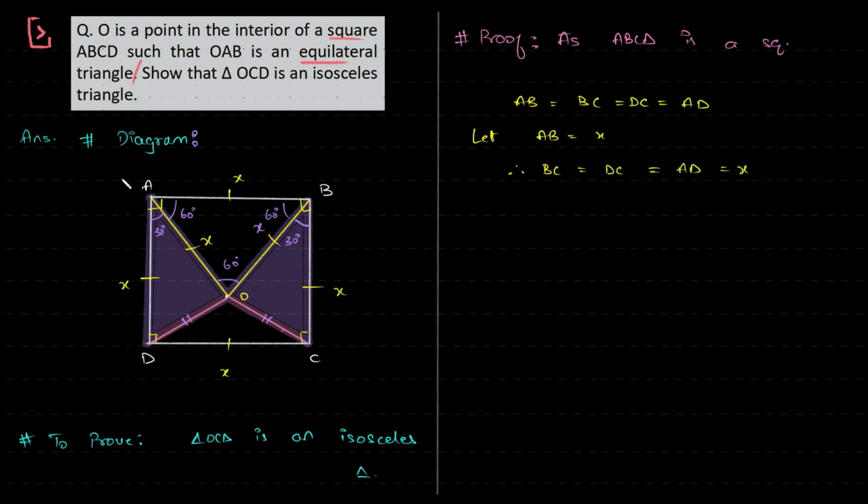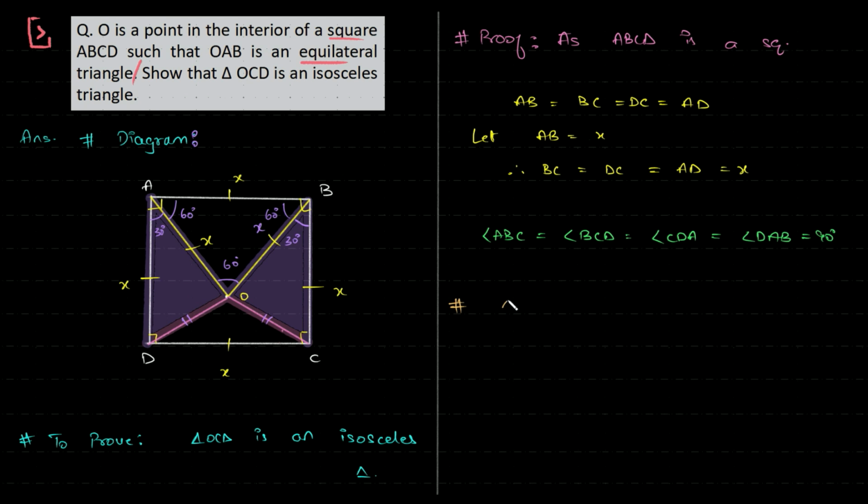Okay. So that is established, and also angle ABC, which is equal to angle BCD, which is equal to angle CDA, which is equal to angle DAB. All of them are equal to 90 degrees. Okay. Yeah, that is with your square.